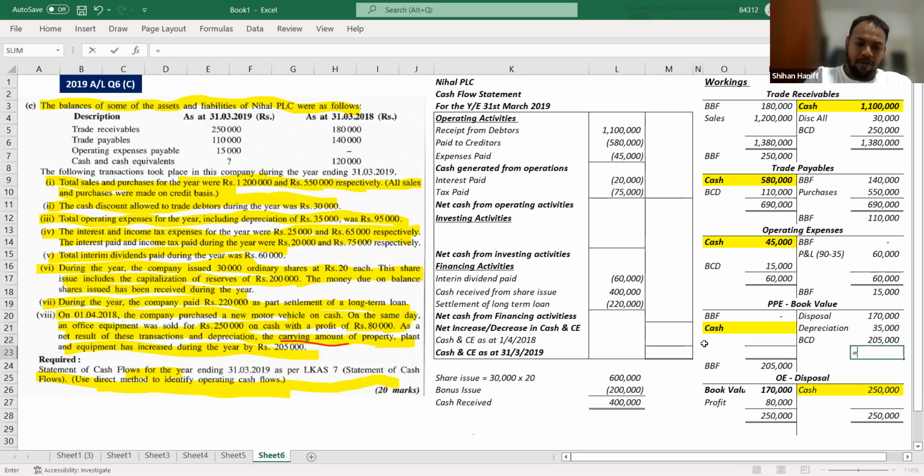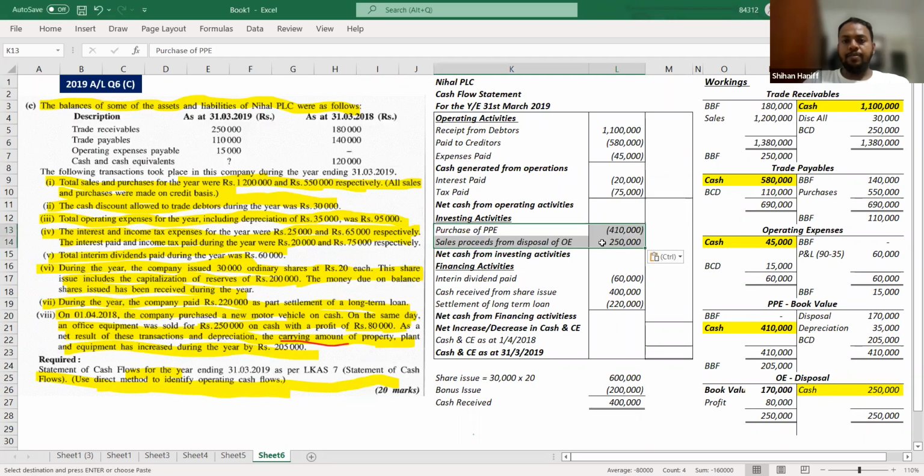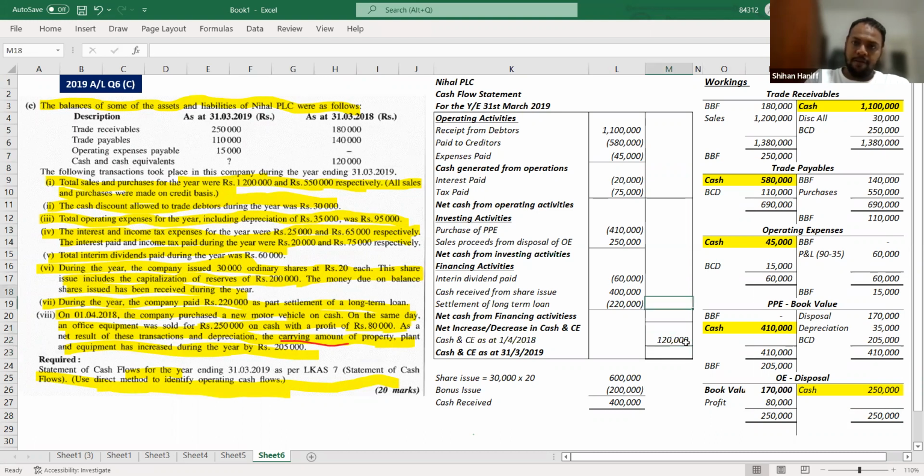Then you can find out the value of purchases: 410,000. Now investing activities. There are two transactions: purchase of PPE 410 and sales proceeds from the disposal of office equipment 250. That's it. Opening balance, cash and cash equivalent is 120. You can complete the rest.